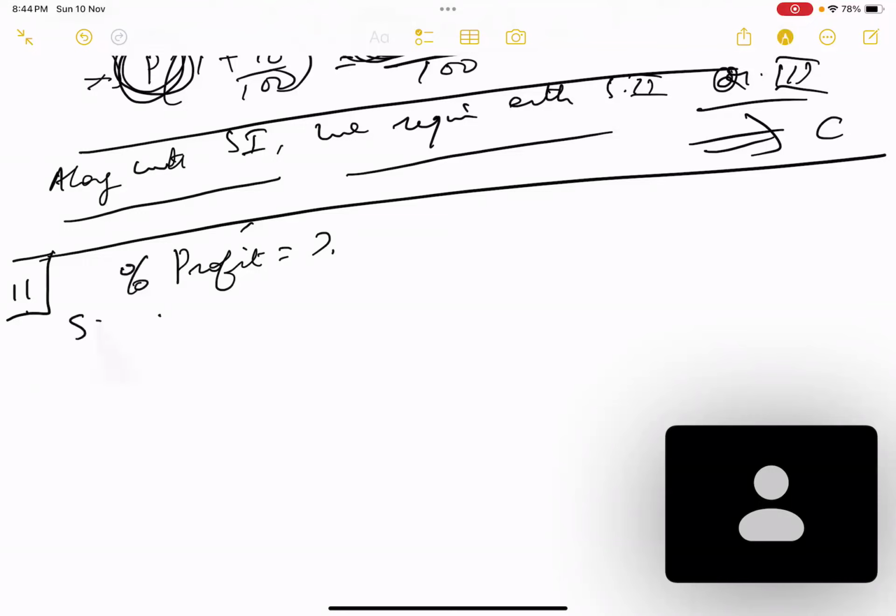Here in statement 1, the mark price of an article is above its cost price. Now consider cost price as X. Okay, so the mark price will be X plus 20%, which is 1.2X.